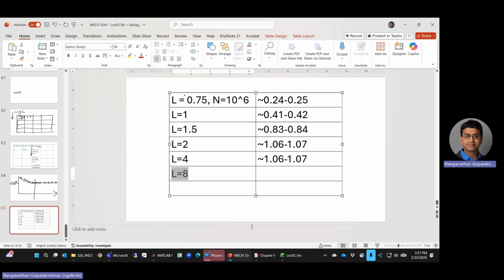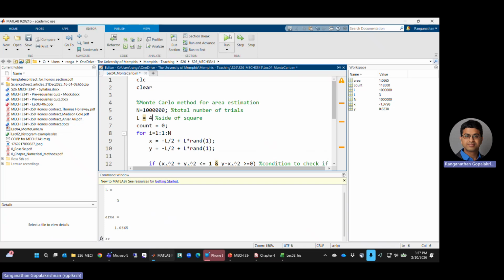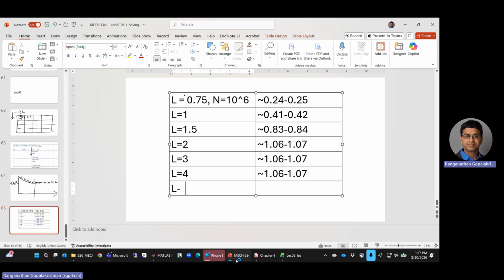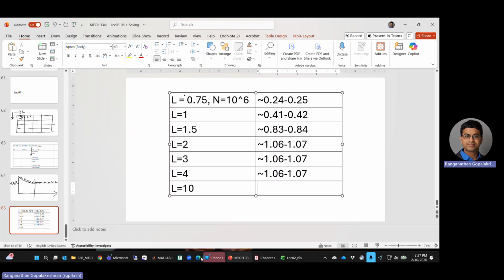And for L equals 4, I'm going to get 1.06 to maybe 1.07 again. And finally, for L equals 10, I'm going to run this and see.